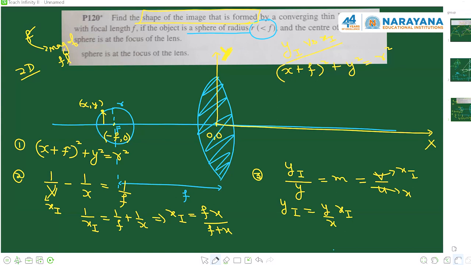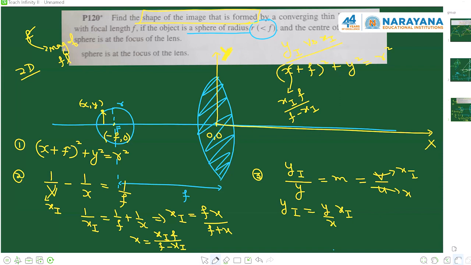So I think you can make those changes, because your x there can be written as xi f upon f minus xi. Observe it. So you remove x, you write x image f upon f minus x coordinate of image.